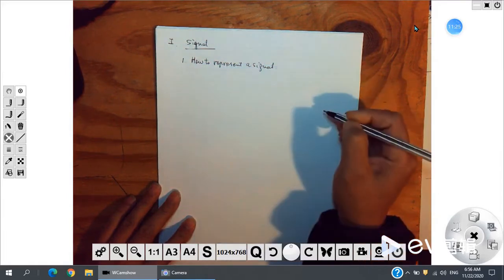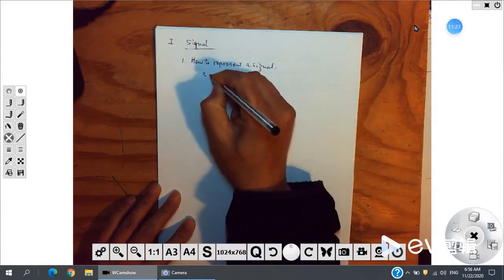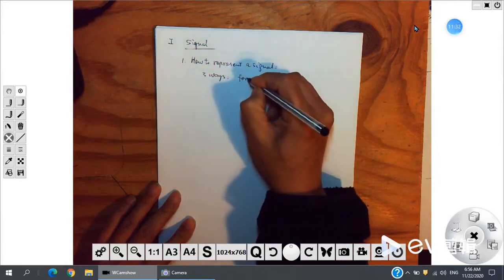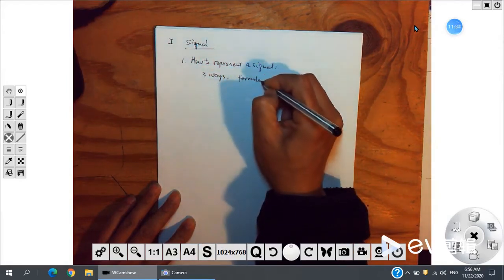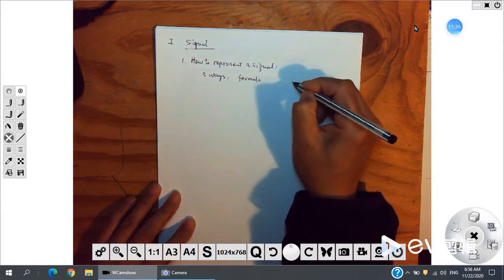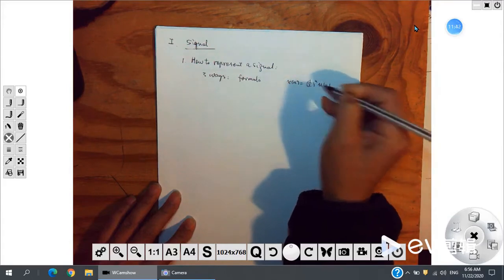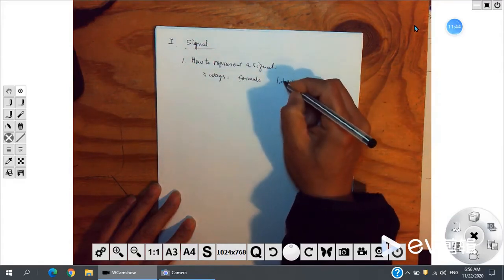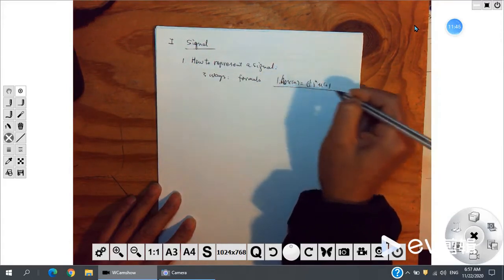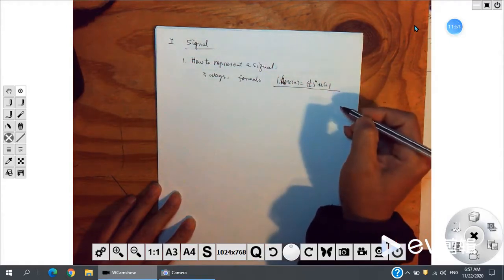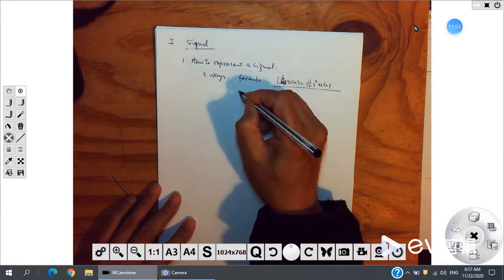We have three ways. First, use a formula, for example x of n equals 1/2 to the n times u of n. And the second is a list of values.